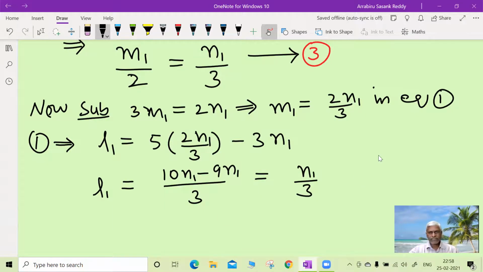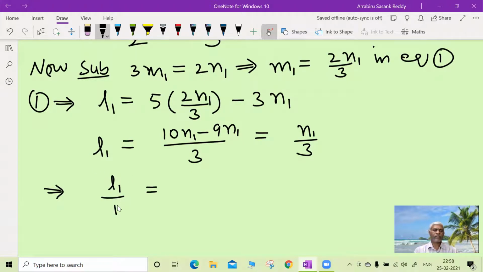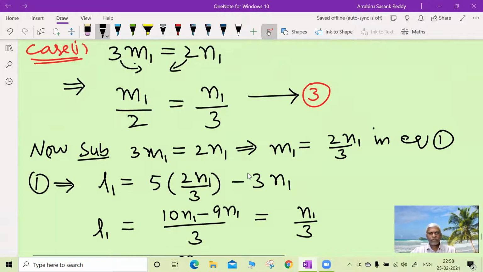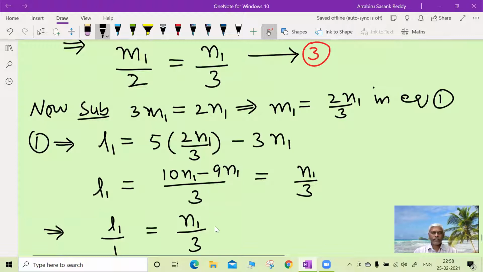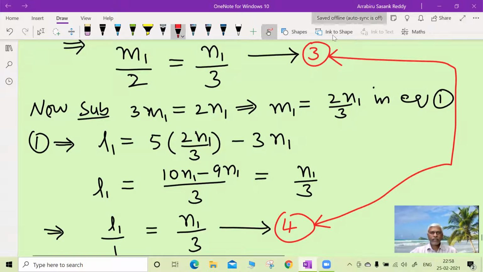This gives the direction cosines of the first line. So this can be written as l1 by 1, dividing by 1, equals n1 by 3. This is equation 4.